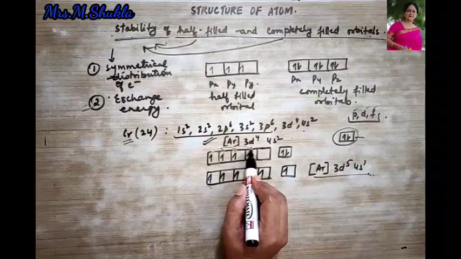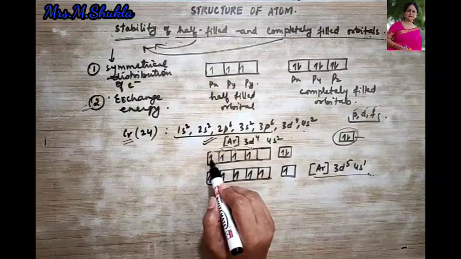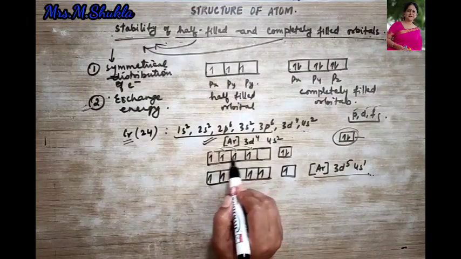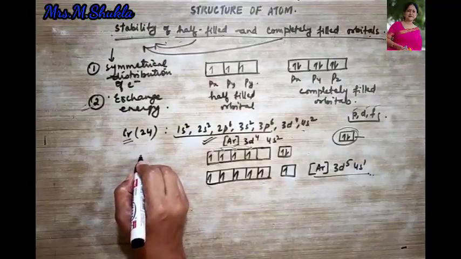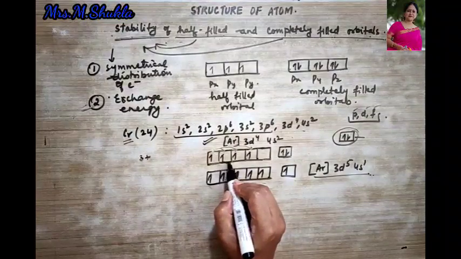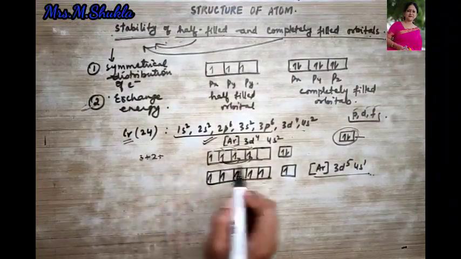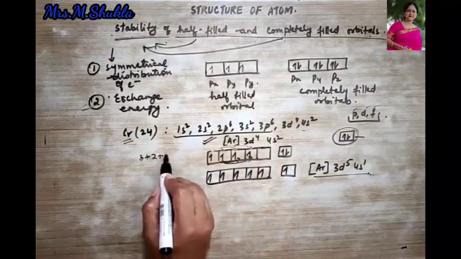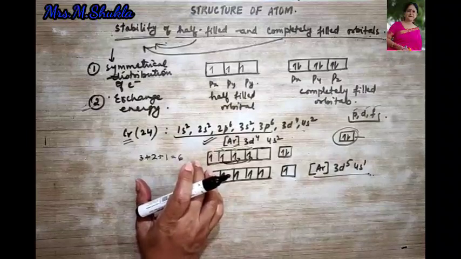So 1 2 3, this is vacant, it will not go here. So the first electron moves how many? 3 places. So exchange energy for the first electron is 3. Let's talk about the second electron. It is 1 and 2. So 2. For the third one, it is only 1. So how many? 6. Are you getting my point over here?